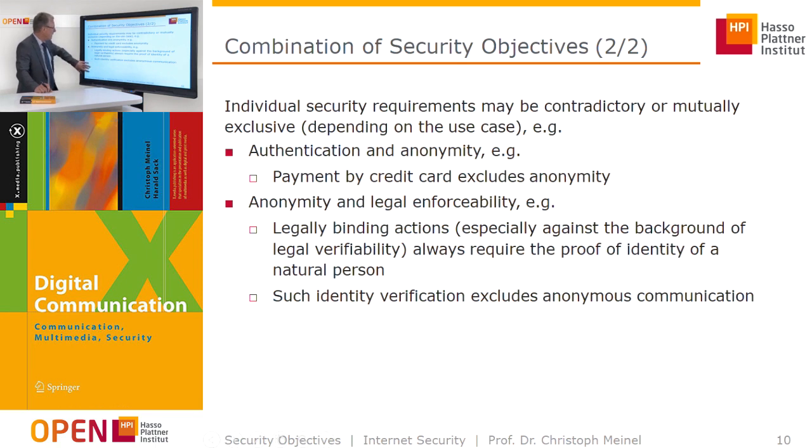So here you see that there is a long series of security objectives, and that for each application it needs to be carefully balanced what security objective plays what role. After having defined such security objectives, one is able to look for the tools that help to implement these security objectives and guarantee them.